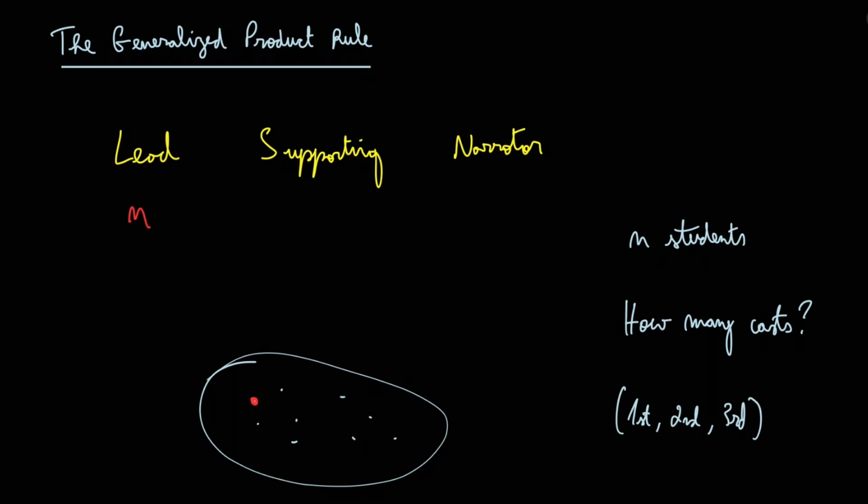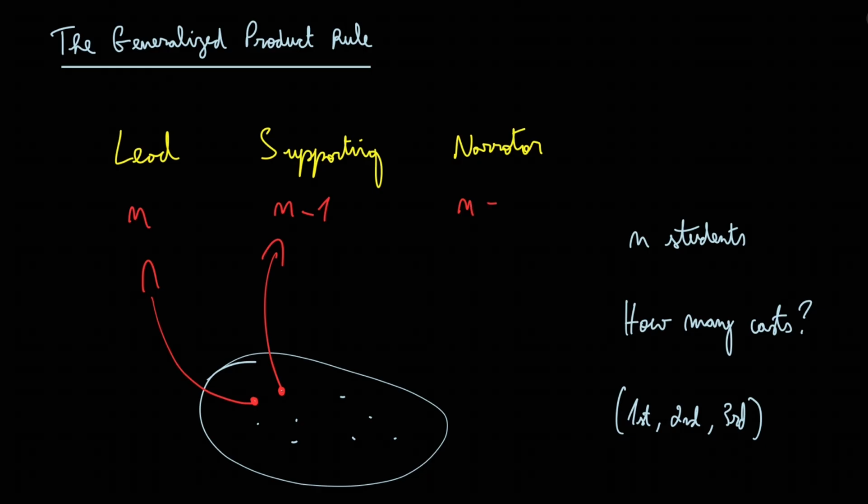Now suppose we already chose this person, and now we need to choose the second role, the supporting role. How many choices do we have now? Now, since one student has already been chosen, we have n-1 choices. n-1 students are left for the supporting role. So we choose one of them, and then the same reasoning applies for the narrator.